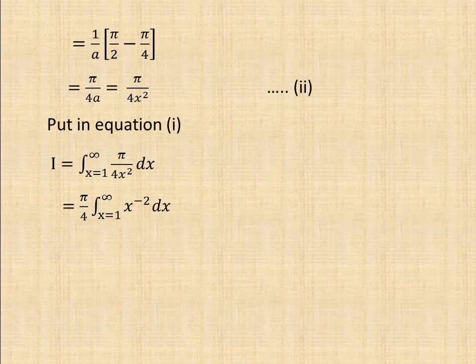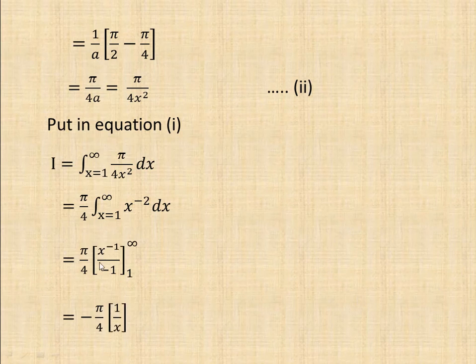I have written here x raised to minus 2. Integrate now: pi by 4 into x raised to minus 1 by minus 1, lower limit 1, upper limit infinity. Take this minus sign outside, it becomes minus pi by 4, and x raised to minus 1 can be written as 1 by x, lower limit 1, upper limit infinity.